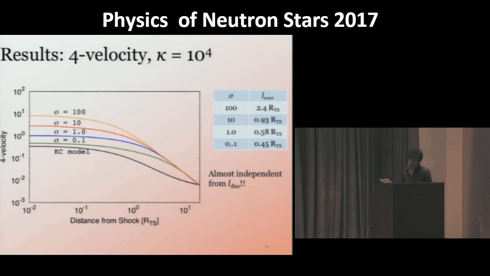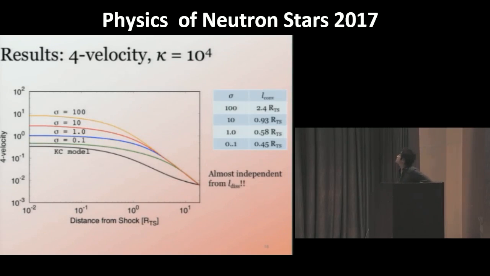We set the multiplicity to 10^4, and this is the distance from the shock. The termination shock is set to the radius of the inner ring. And this is the four-velocity. The yellow, red, blue, green correspond to magnetization of 100, 10, 1 and 0.1. And this black line corresponds to the Kennel and Coroniti model. So we fit the expansion velocity at the outside.